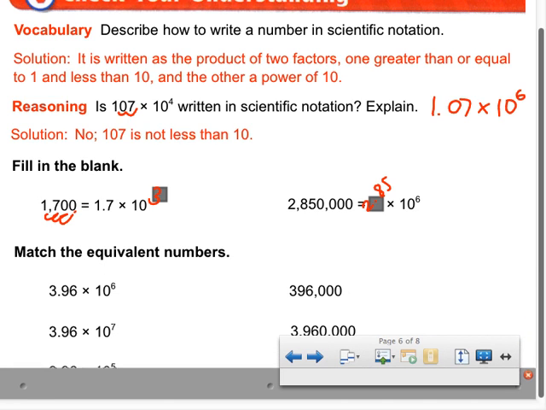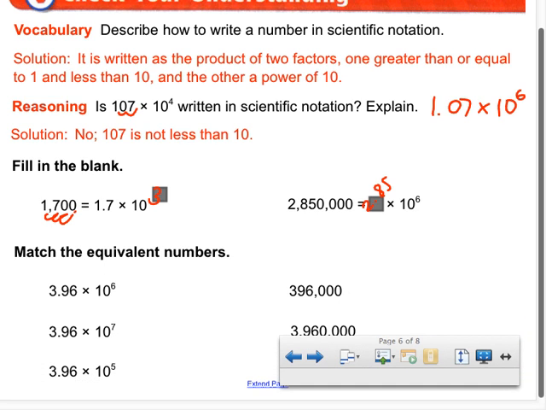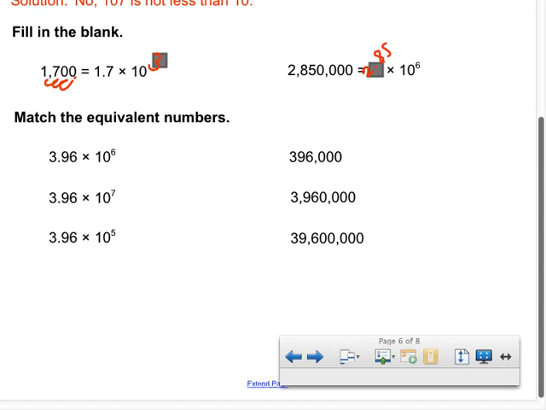Okay, last step. We need to match these. This scientific notation goes with which number? It says I've got to move how many? Let's check. From the end of the second one, 1, 2, 3, 4, 5, 6. Does that work?